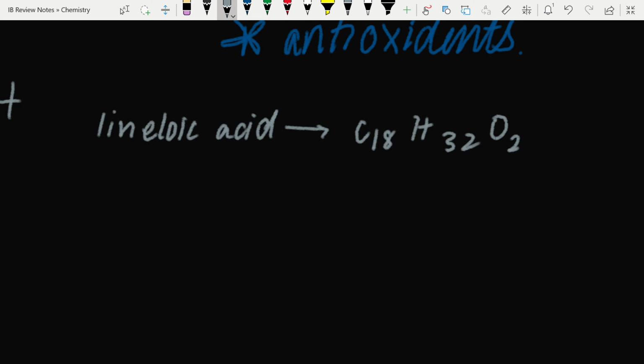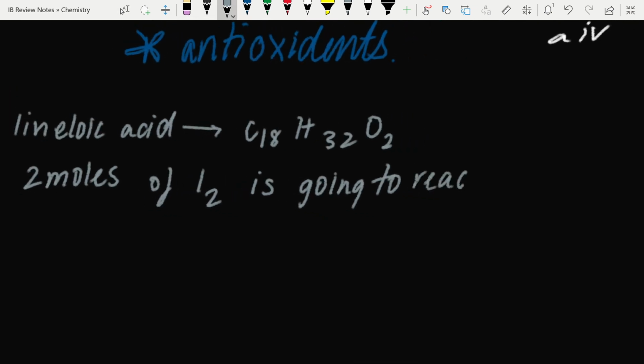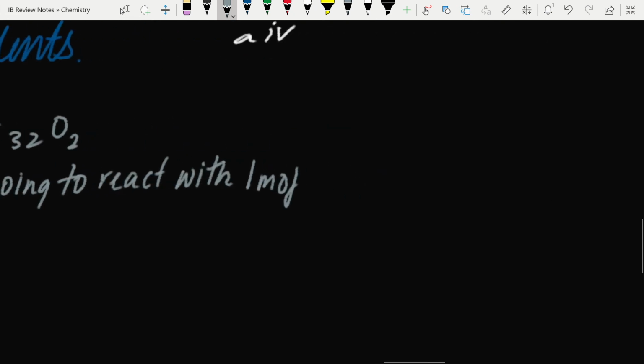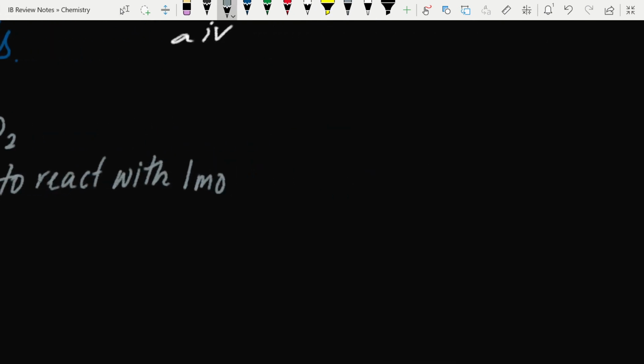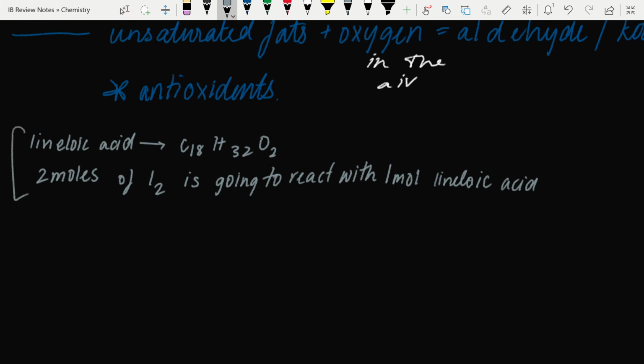What we have to figure out is 2 moles of iodine is going to react with 1 mole of linoleic acid. Alright, so we know these two things.